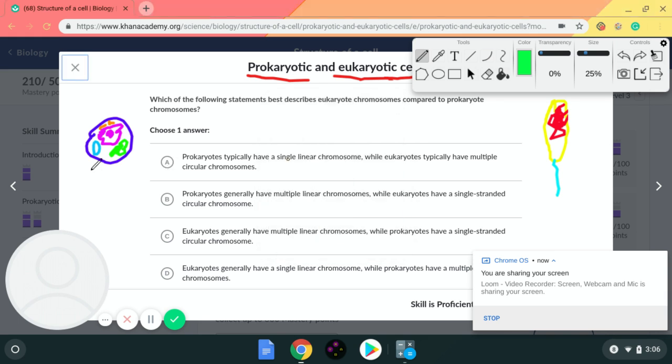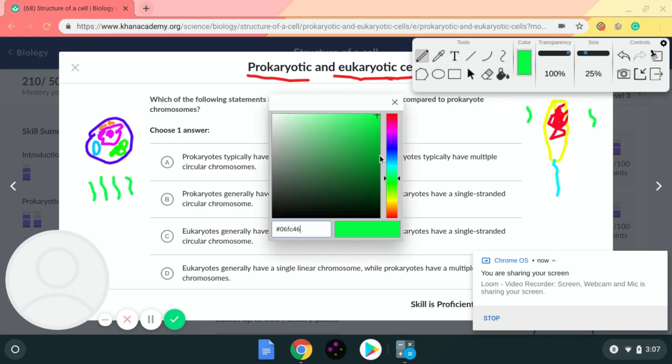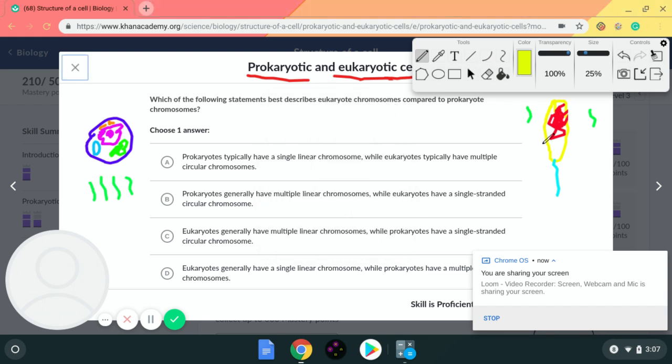Eukaryotic cells tend to have multiple strands of DNA, meaning double-stranded DNA more specifically, but prokaryotic cells might have a couple of single strands, but they're also going to have some circular DNA like this.